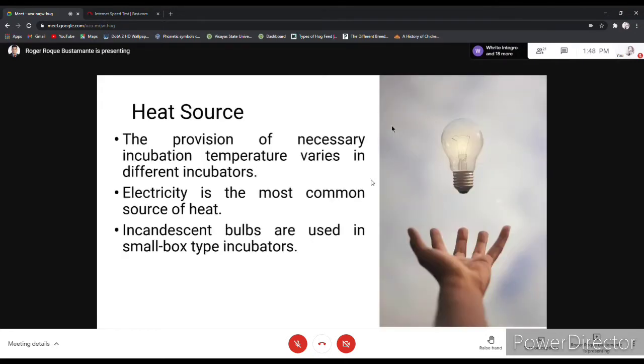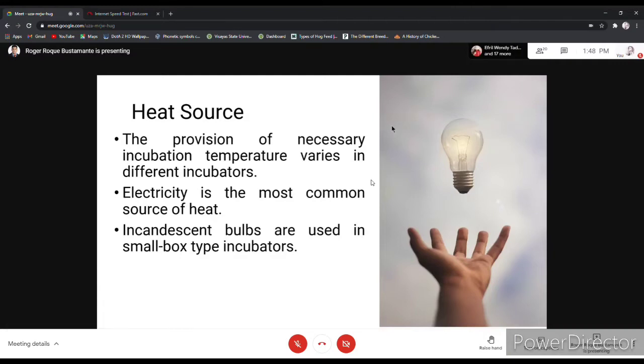Okay, in an incubator, especially small incubators, the source of the provision of necessary incubation temperature varies in different incubators. So, electricity is the most common source of heat. And incandescent bulbs are used in small box type incubators.